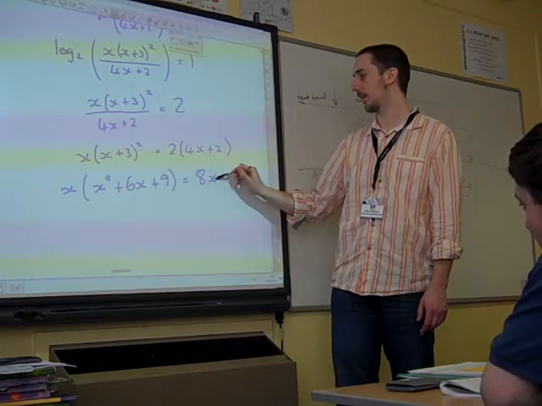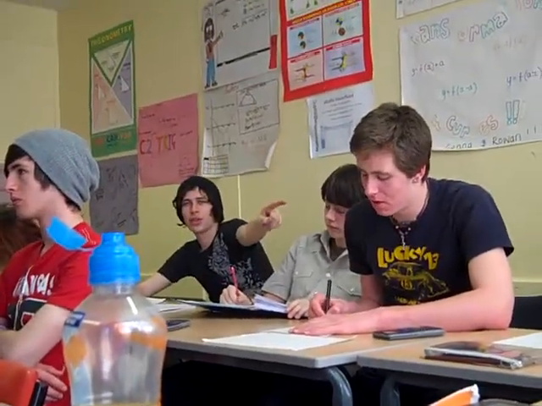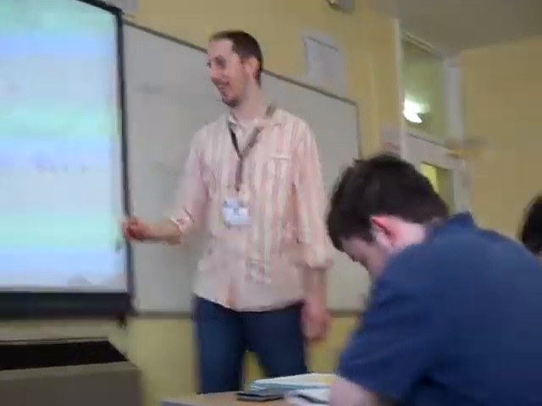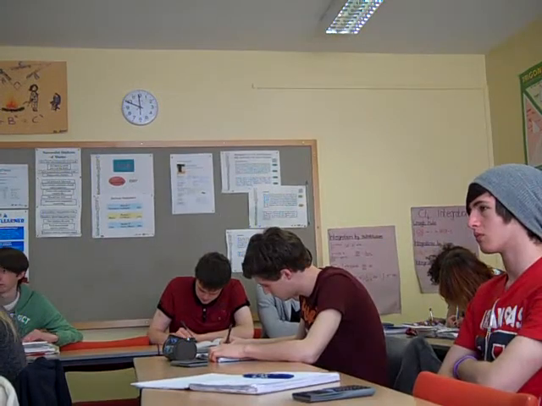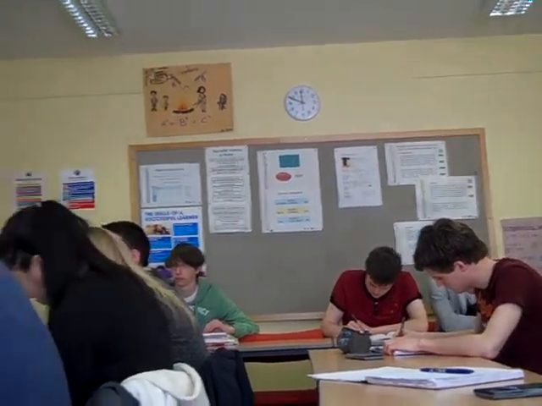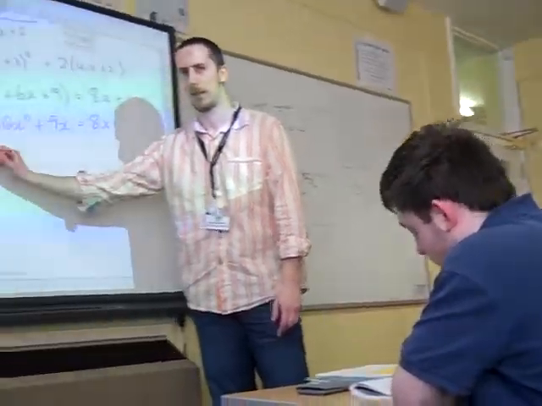Is it 8x plus 4? x cubed plus 6x squared plus 9x is 8x plus 4. And now we get everything over to one side.